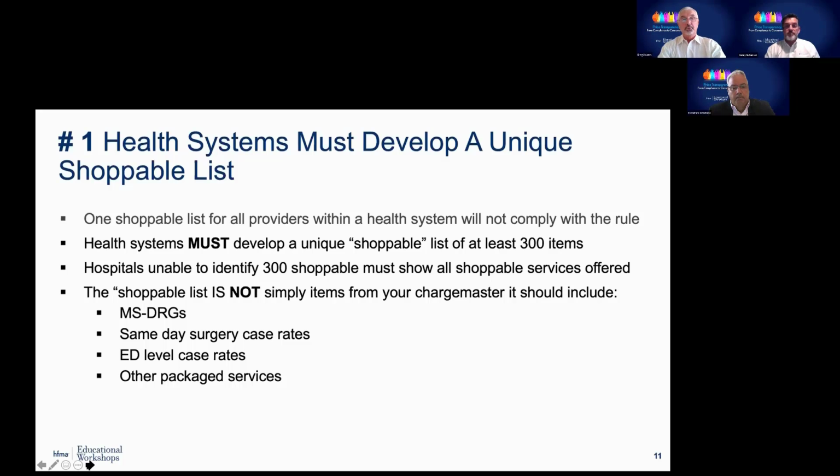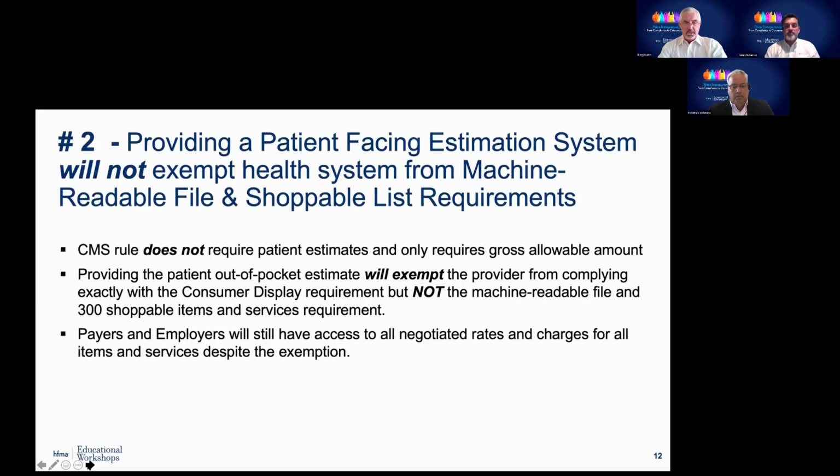Let's move on to number 2. CMS rule does not require patient estimates and only requires gross allowable amounts. The patient out-of-pocket estimates will exempt providers from complying exactly with the consumer display, but not the machine readable file requirement or the 300 shoppable items and service requirement.